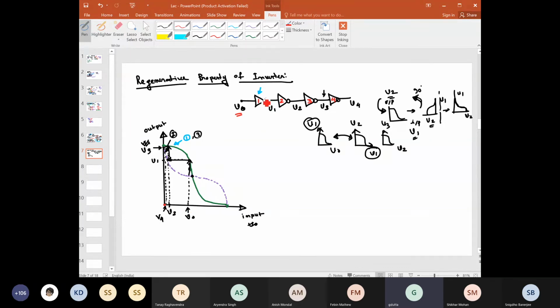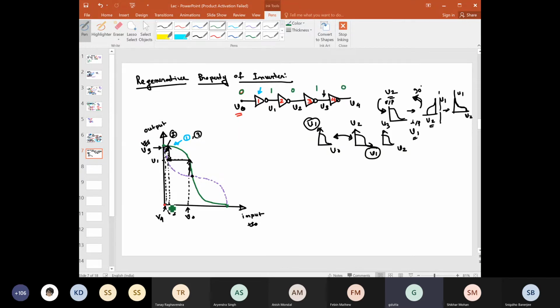So when this V0 has passed through the first inverter and became this V1, see this, it is below threshold, so we can say it is at logic 0. Say this is at logic 0, so this will be at logic 1, this at logic 0, this is 1, and this is at logic 0.